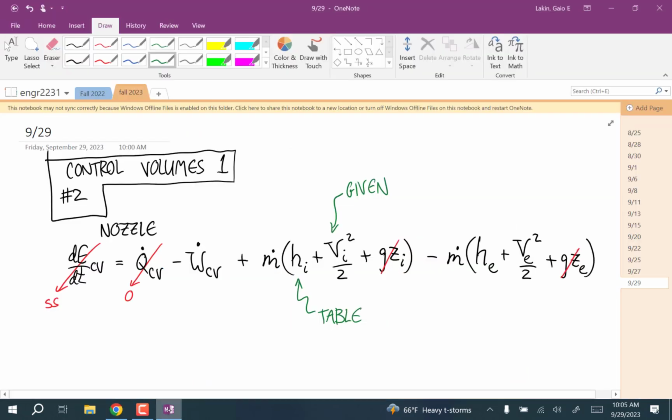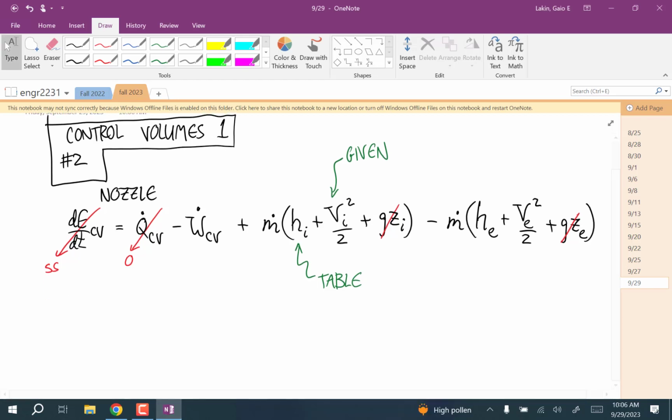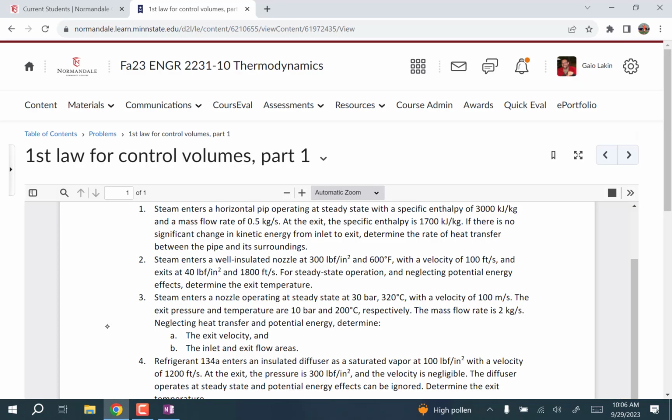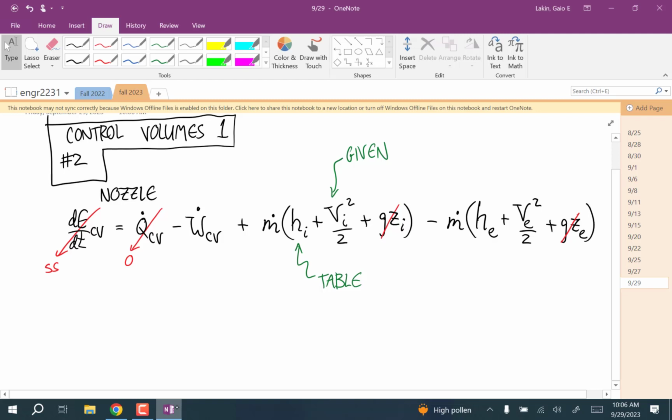Okay. And what do we know at the exit? Velocity exit. Yep. And pressure. So this is given.